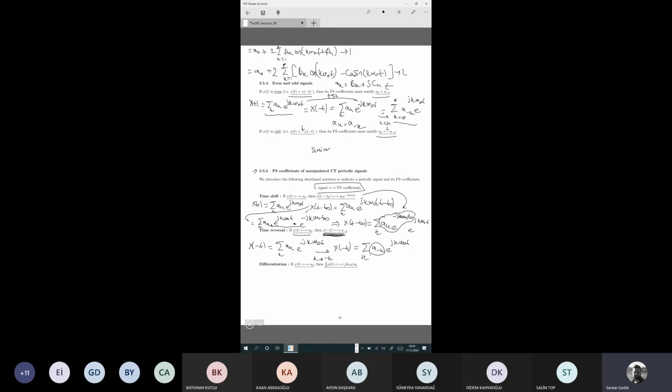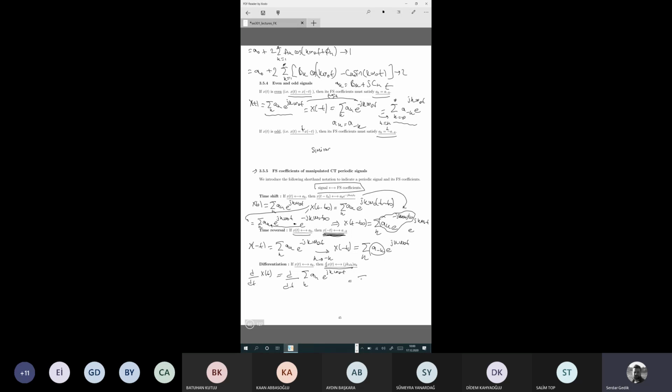The last property that I will show you is the differentiation. If x of t has Fourier series coefficients ak, then the derivative dx by dt has Fourier series coefficients j k omega 0 times ak. So how to prove this? d by dt of x of t is equal to d by dt of the summation over k of ak e to power j k omega 0 t.